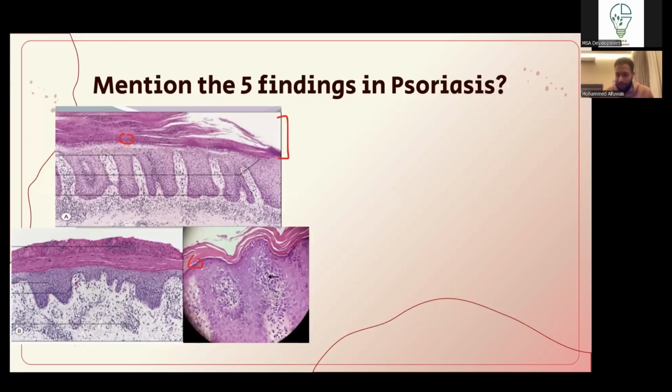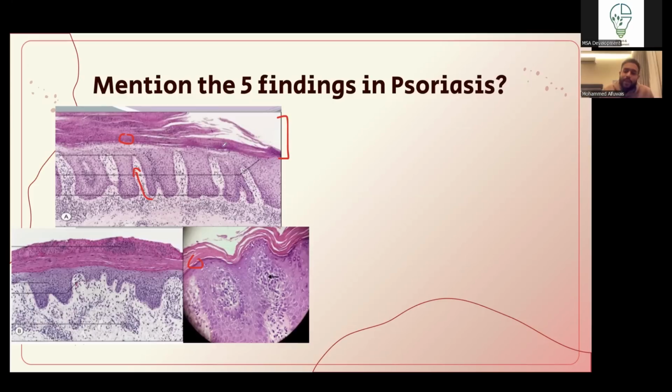So this is parakeratosis. Good. Now, the second thing is what's happening to the dermal papilla. It's invading. You can say papillomatosis.